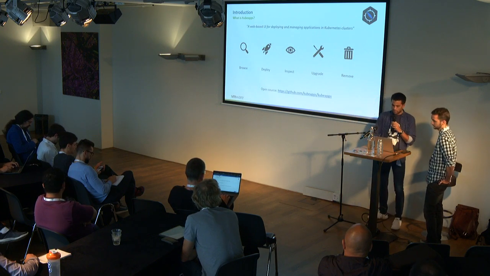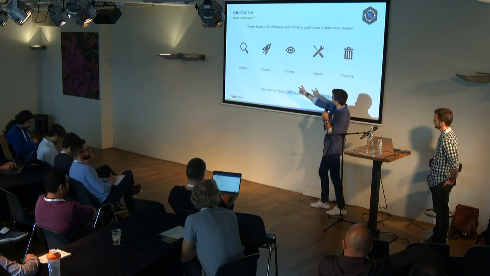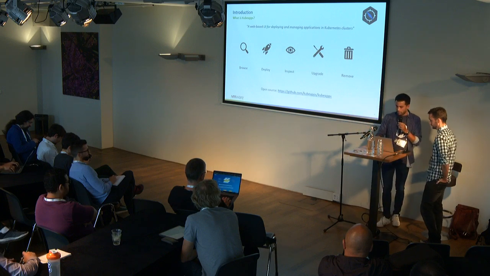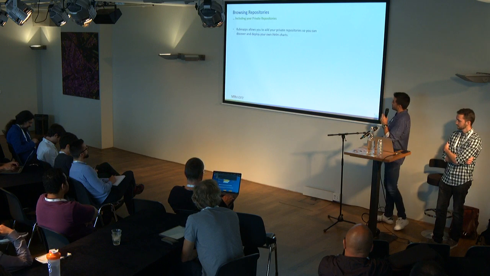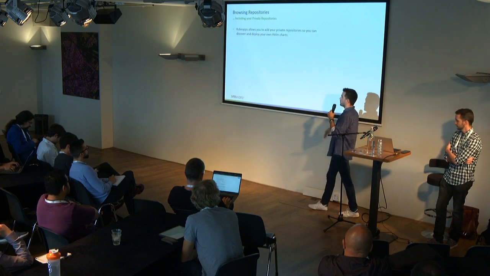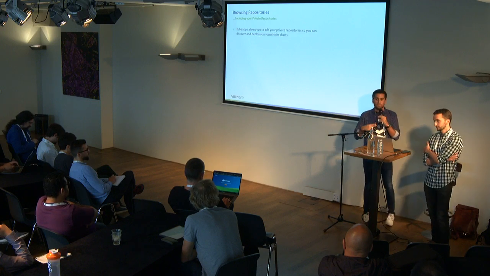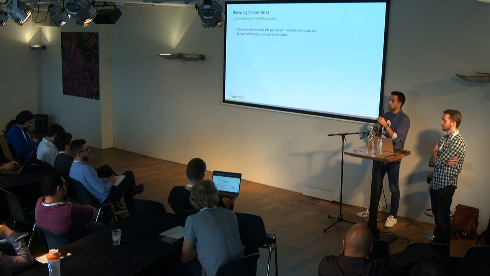Now we are going to talk a little bit about each of these features that Kubeapps offers and how you can use them. We mentioned that with Kubeapps, you can browse applications. When you launch Kubeapps, by default, it's going to look for Helm charts in the official repositories.